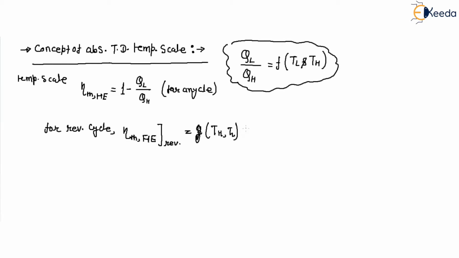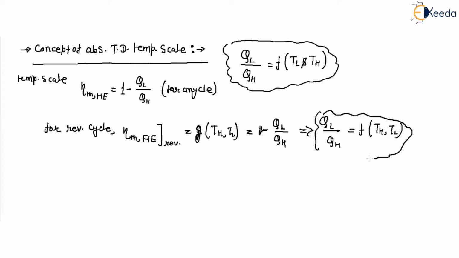And we know that thermal efficiency is 1 minus QL by QH, so QL by QH is also another function, f of TH and TL, from the second Carnot principle.